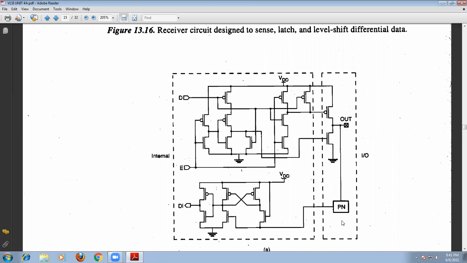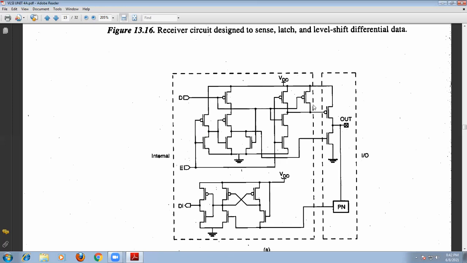In the input circuit, this is the protection network and this is the Schmitt trigger network, for level shifting. This is the NAND, this is the NOR gate, and this is the NAND gate. Then we are using an inverter circuit, E value, which is connected here, and E bar is here.